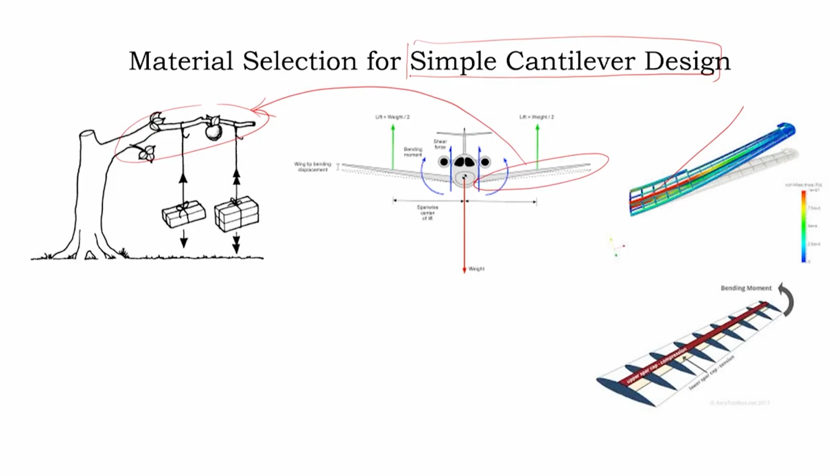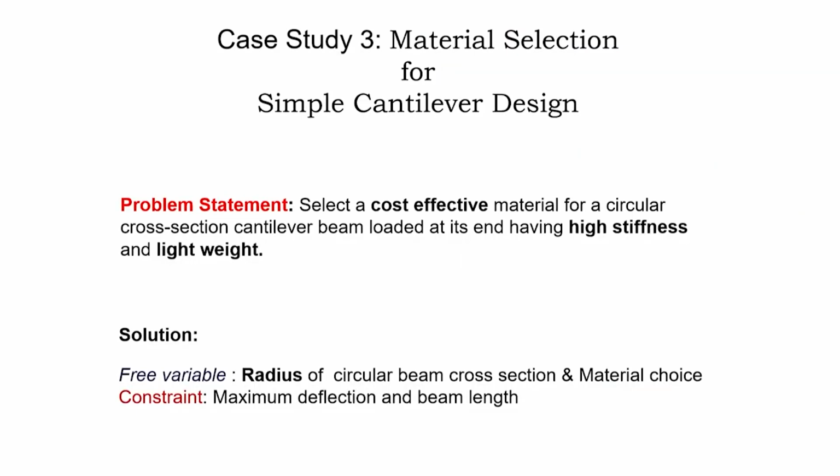Now, let us look into what the problem statement would be for a cantilever beam that is light and stiff. We have to select a cost effective material, keeping in mind high stiffness but lightweight. I will do this problem in different ways.